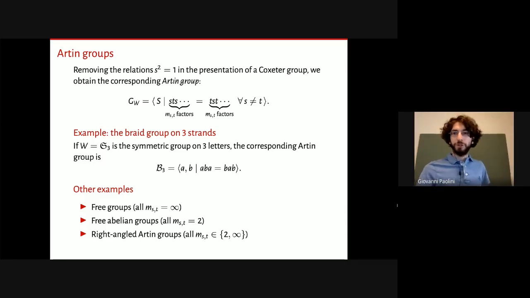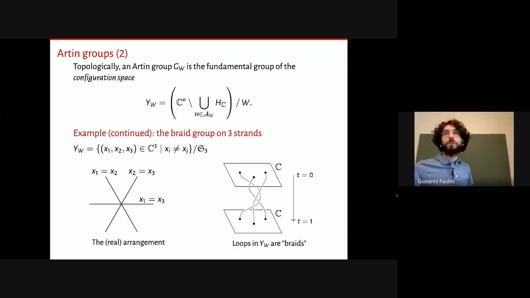And as I mentioned, there is a second way to construct Artin groups, which is equivalent to the previous one. I'm going to tell you this second construction in the special case where we start from a reflection group. So not any Coxeter group, but a reflection group which acts in Rn. But we can actually do this for any Coxeter group. It's just going to be a bit simpler for today.